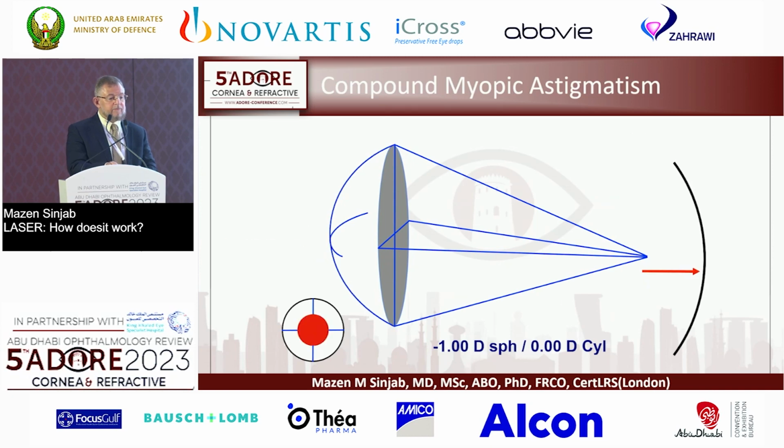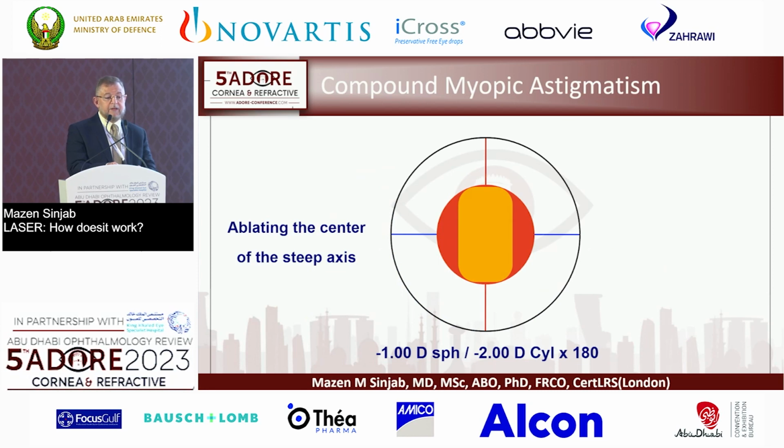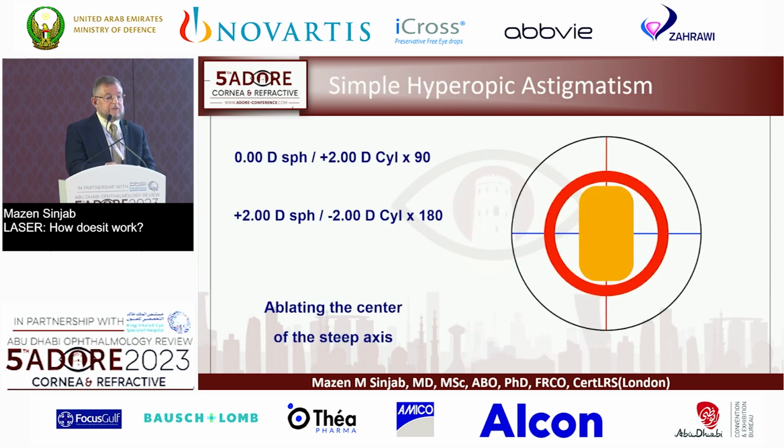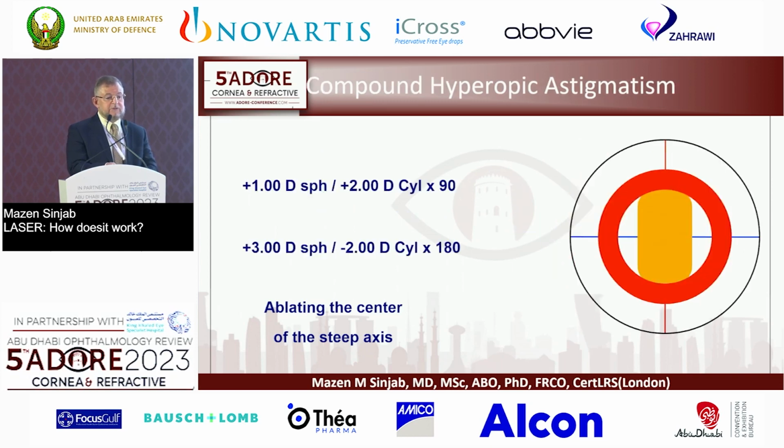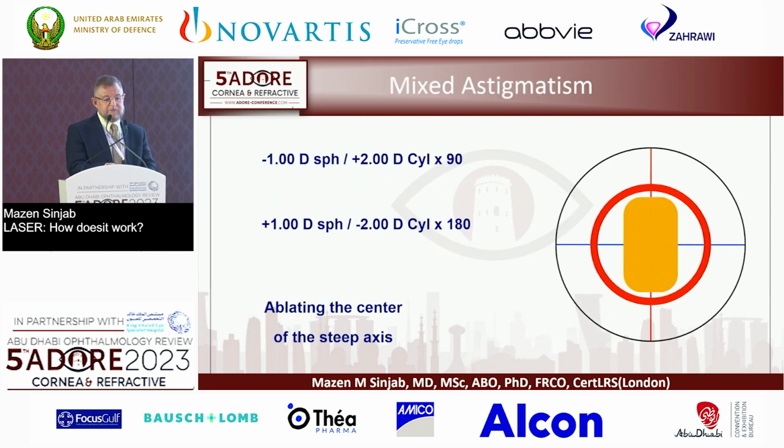So the laser profile will be like this in this case. Now, simple hyperopic, +2 at 90, +2 -2 at 180. It will ablate the center of the steep axis and then the periphery for the +2. And this is the compound hyperopic astigmatism, and this is the mixed astigmatism.